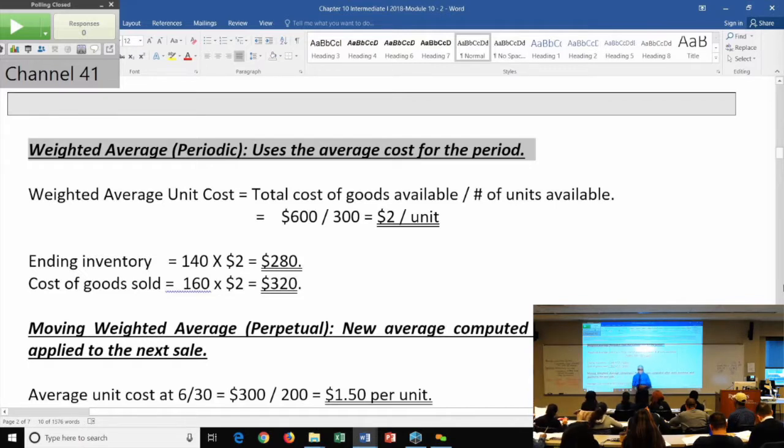And the inventory, 140 units at 2 or 280. Cost of goods sold, 160 at 2 or 320. Any questions on periodic average cost?